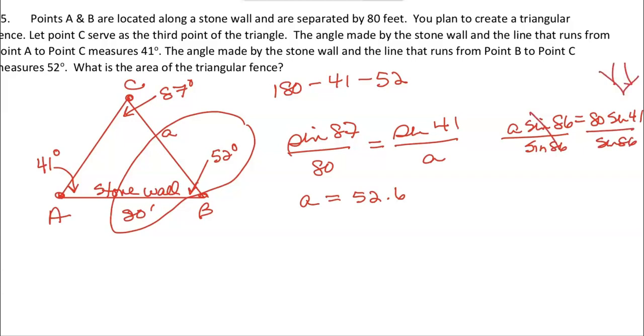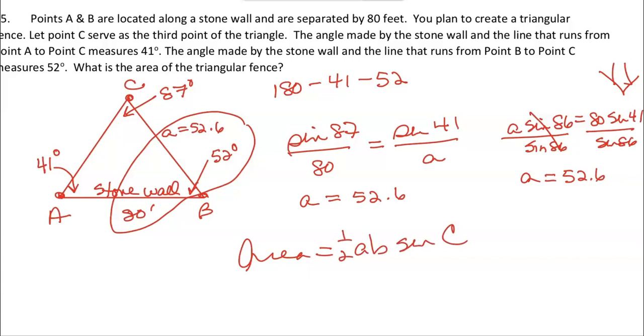This is what goes in your calculator. That's how I got A is 52.6. Okay, next thing. Now that I know A is 52.6, and I know area equals, well, the formula is 1/2 AB sine C.